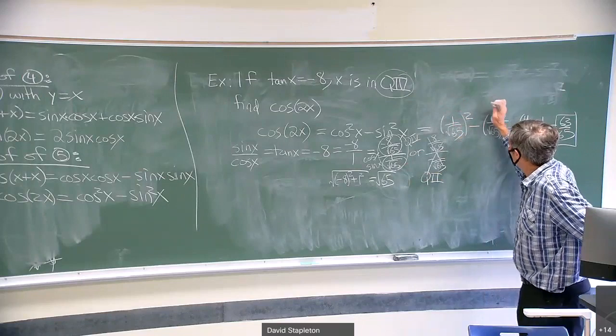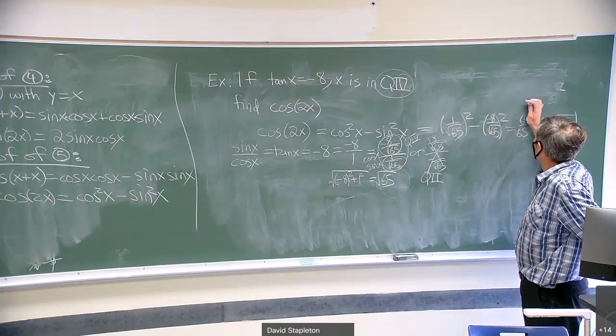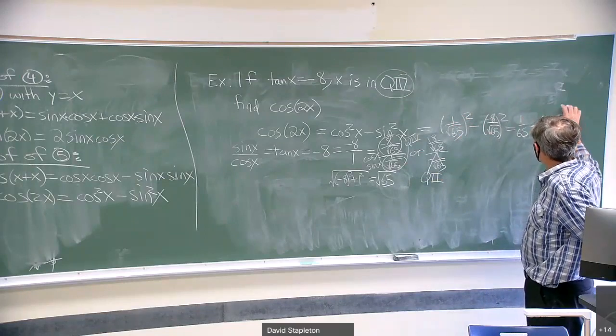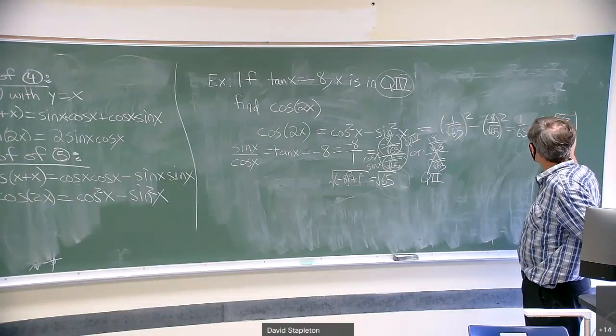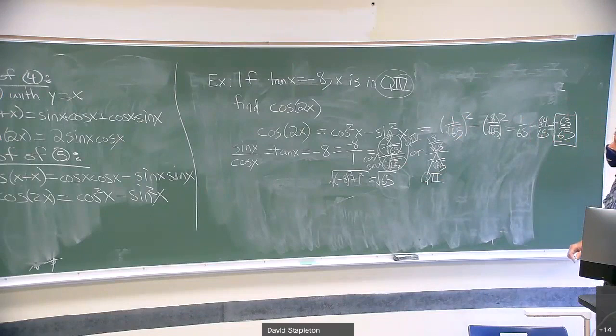And this one should have been minus 8. And now I've got 1 minus 64 is minus 63 over 65. It doesn't hurt to do a check on these things, sometimes just to see if it seems about right. Thank you.